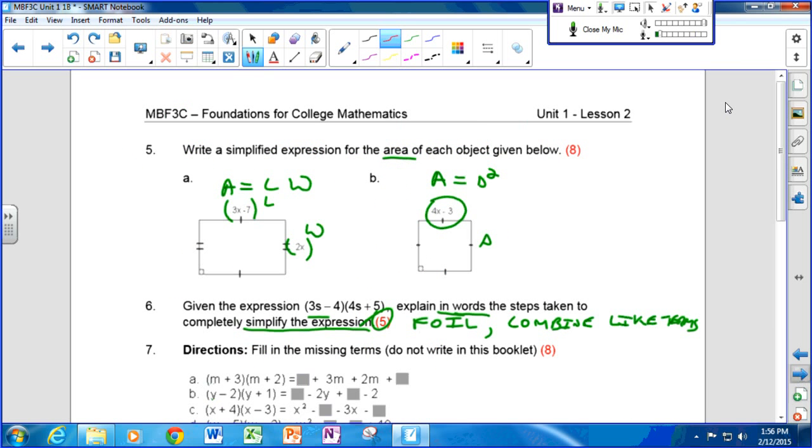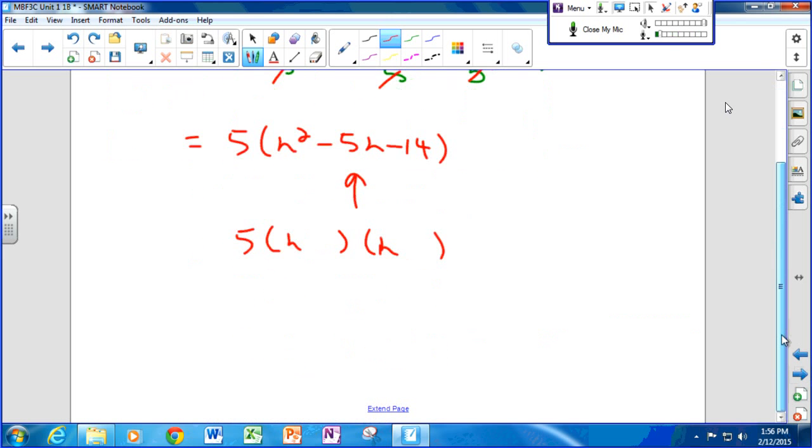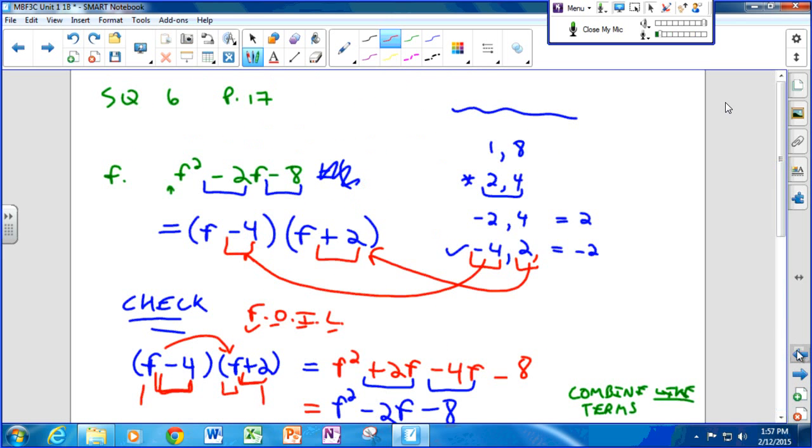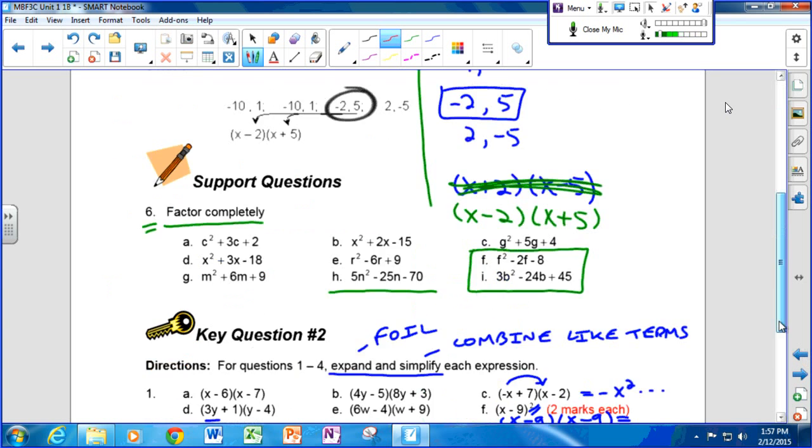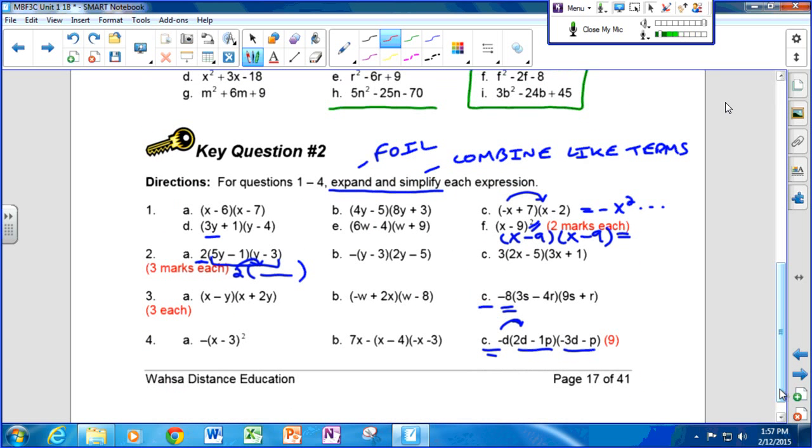But if you're off a little bit in that first lesson, then it can be a problem, because you'll be making the same mistake all throughout. So as long as you're confident, it's fine, but feel free to just send in one or two key questions for marking, and then you'll be sure to get the most marks possible.